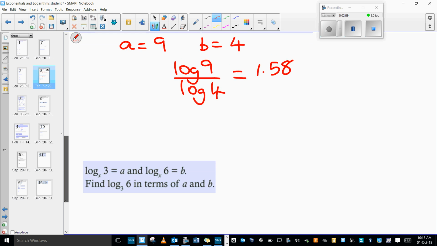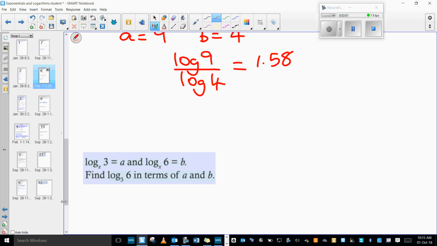Log base x of 3 equals A, log base x of 6 equals B. Find log base 3 of 6 in terms of A and B. So here, if I use A and B, do you know I'm talking about the original A and B from the formula?